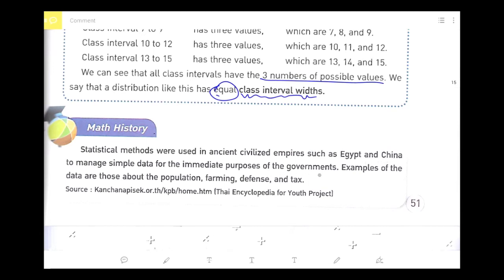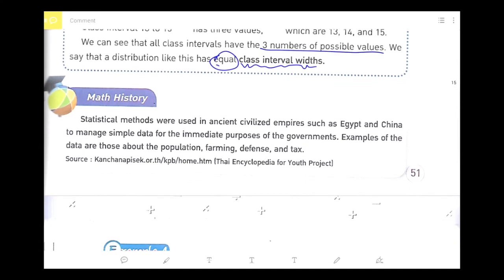Their government used statistics to count the population and for farming. Defense means the military, the soldiers. And the tax is the money that government collects from people to build the city and take care of them. Whoa, long history.